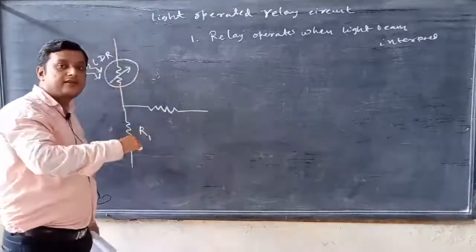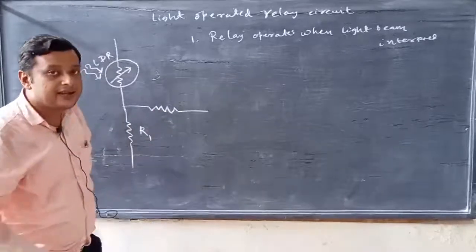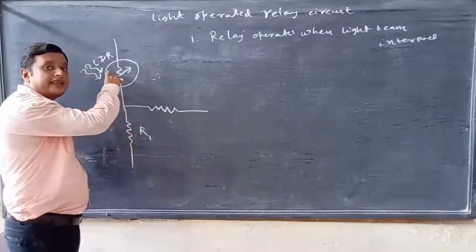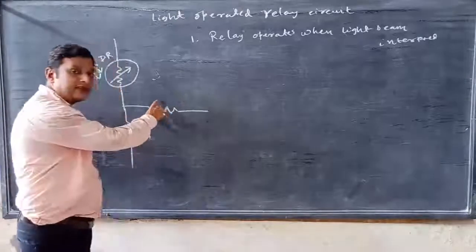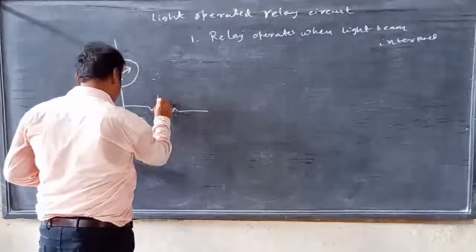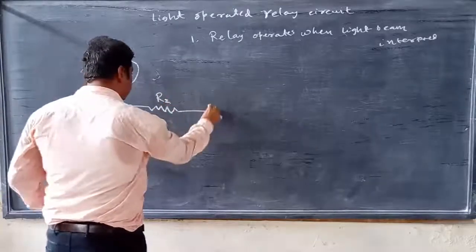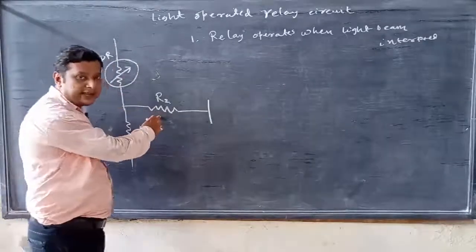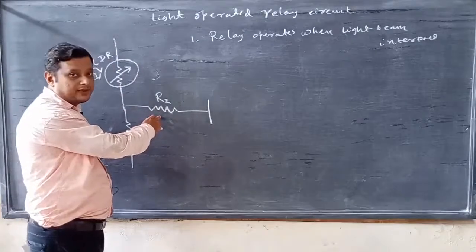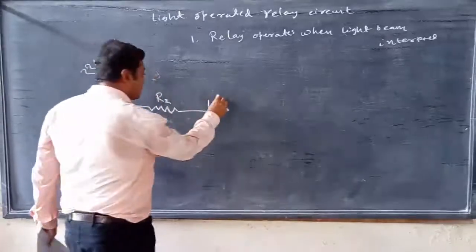Another resistor is connected in between the LDR and resistor R1, and this resistor is represented by R2. Now resistor R2 is connected with the base of the NPN transistor.